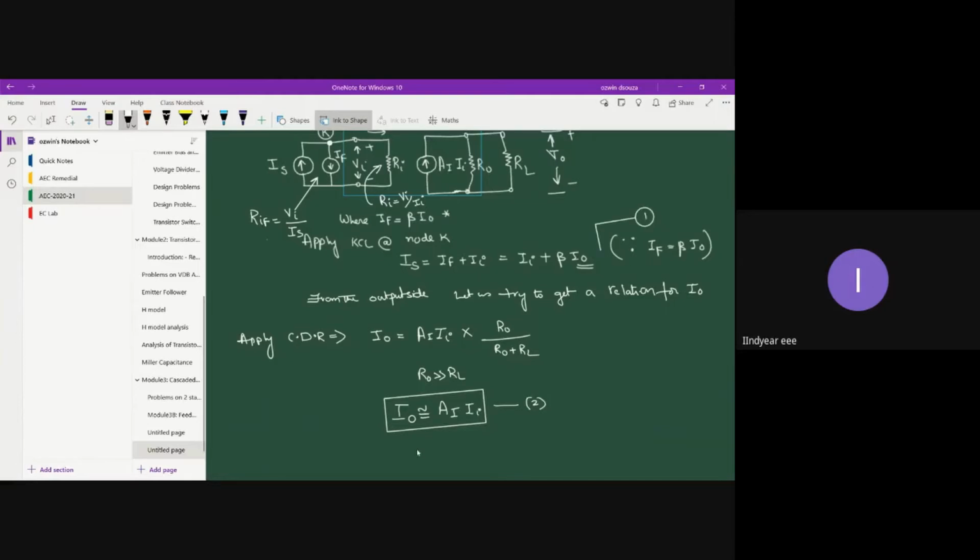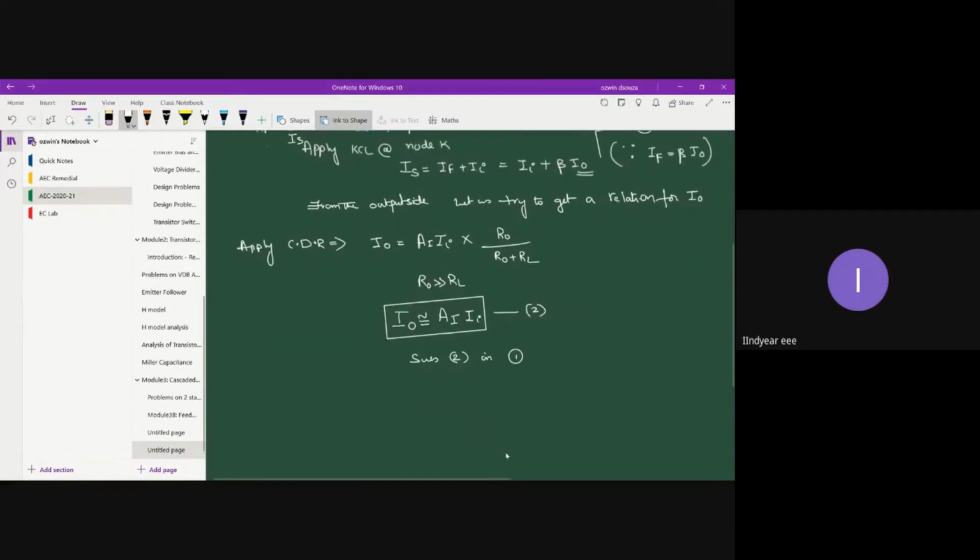So let's say equation 2 and let's say equation 1. In place of I naught, you can substitute equation 2. So substitute 2 in 1. What do we get? We get IS is equal to II plus beta into I naught.